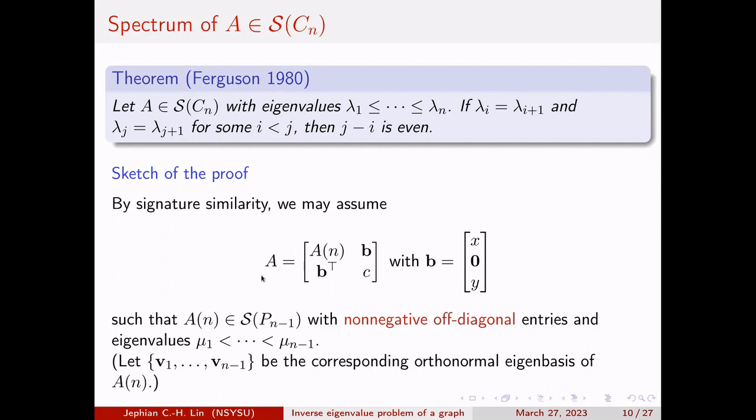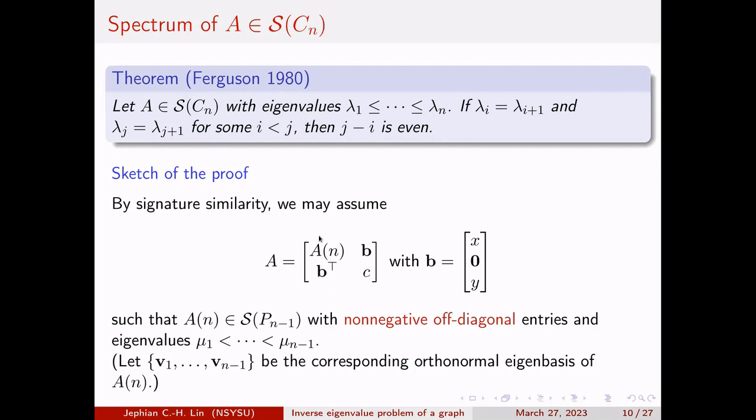I'm going to take a matrix from S of Cn. And as I mentioned before, if I remove the last row and last column, then this A with the last row and last column removed is a matrix of Pn. And I want to say that for such a matrix and two eigenvalues in between, the number of eigenvalues must be even. Okay, so first step, I don't want to change the eigenvalues, so I do the similarity by the signature matrix.